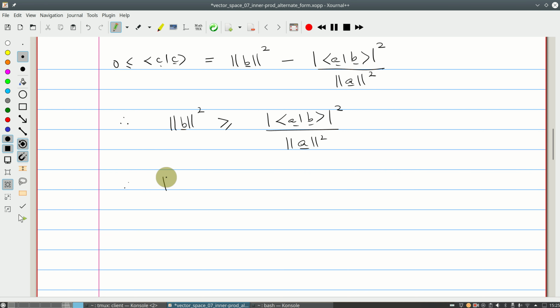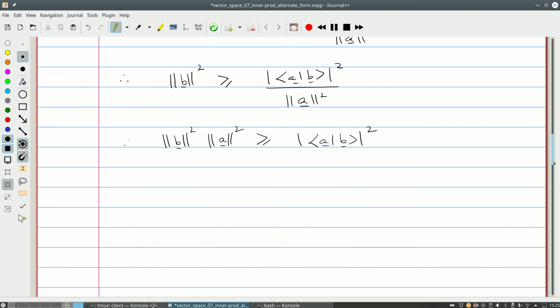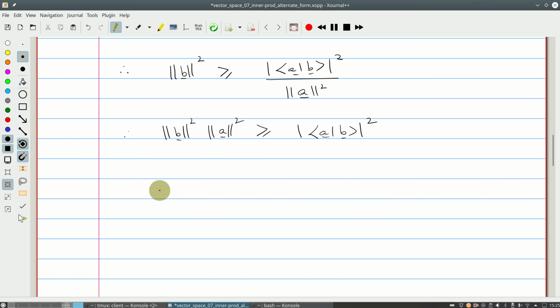Therefore, and then we can take a square root, and once again, because everything has the same sign, the inequality doesn't change direction, since all the terms are positive.